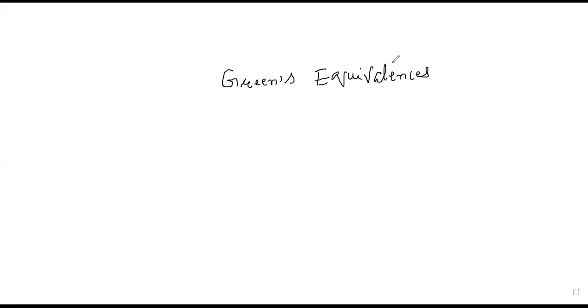These are actually equivalence relations, and they are defined on any semigroup, and they are very important as far as looking into the structure of a particular semigroup is concerned. We will see later on how they help in identifying the structure of certain semigroups. So now, let us start.